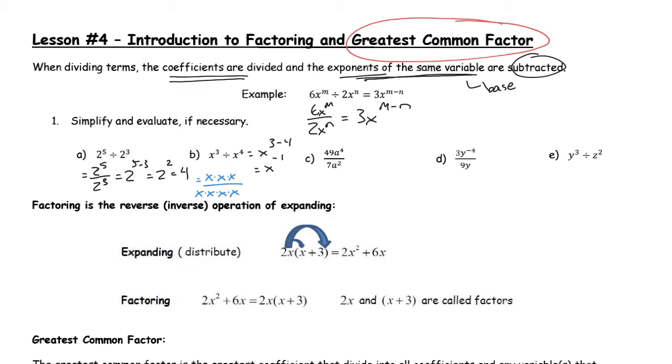Because I've got a little bit of freedom in terms of the order of operations, multiplication and division, I can do the division here: x divided by x is 1, x divided by x is 1, x divided by x is 1. What I'm going to be left with here is a 1 in the numerator, but an x in the denominator.